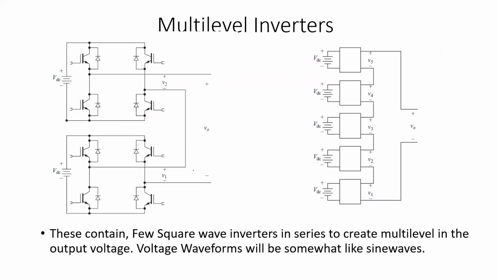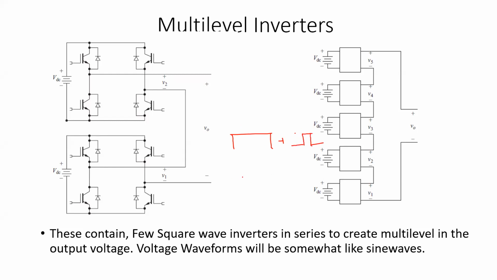If you have two square pulse inverters, H bridges, you connect one output to another in series. Those two will act as series sources. So let's say one is creating a waveform like this, and the other is creating a waveform like this.